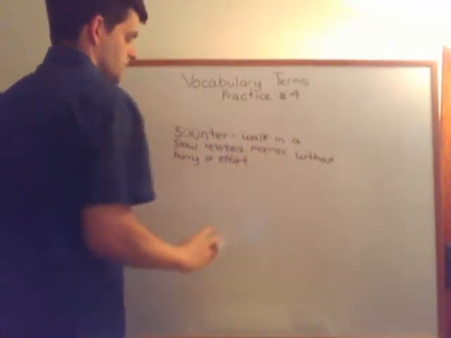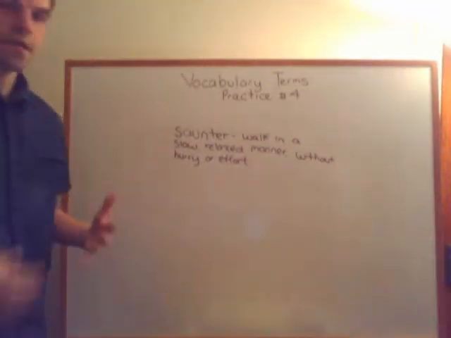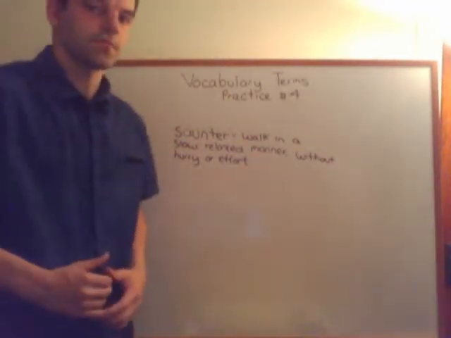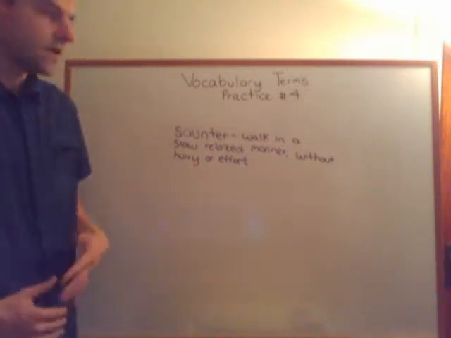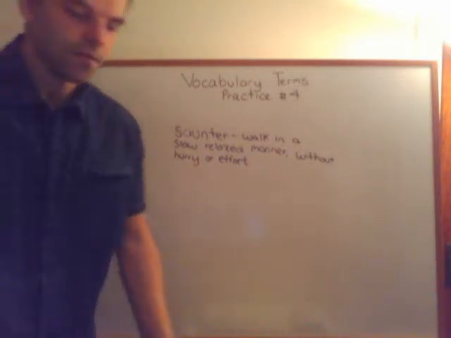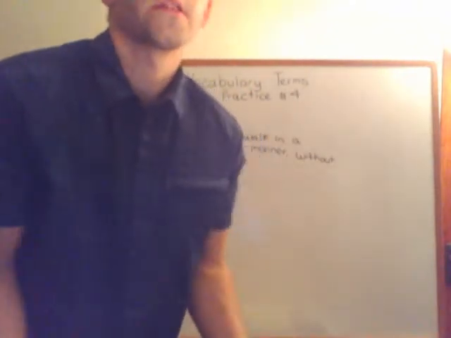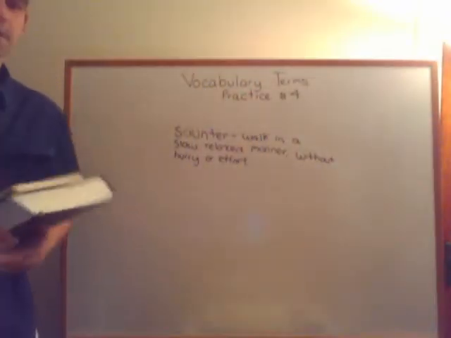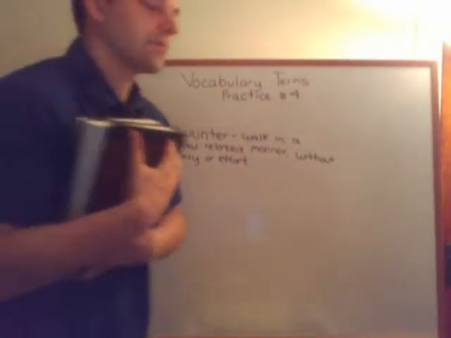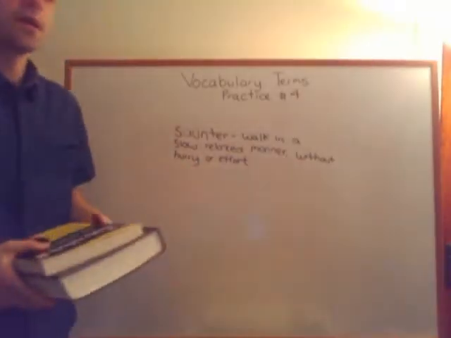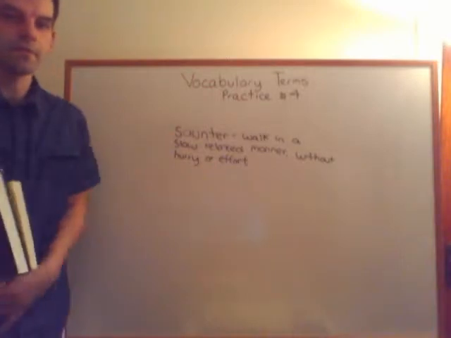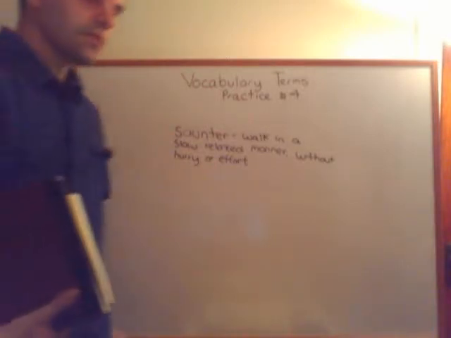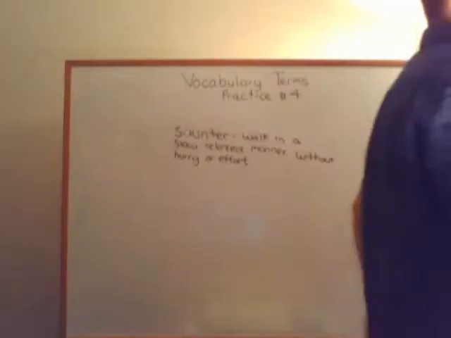Okay? So one of the examples that we talked about in session with this one was the students sauntered into the classroom. I'm going to illustrate this. When you're in a hurry, you have your books and you're going crazy and you're probably running as fast as you can. Usually a saunter, when you're not in a hurry and you're just very relaxed, is almost like a do-do-do kind of manner.